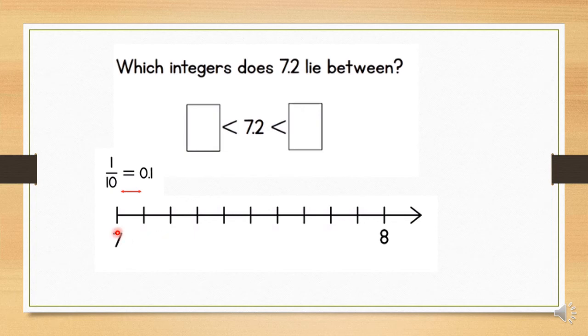This one would be 7.1, 7.2, which is our number. We can clearly see that 7.2 lies between the integers, or the whole numbers, 7 and 8.